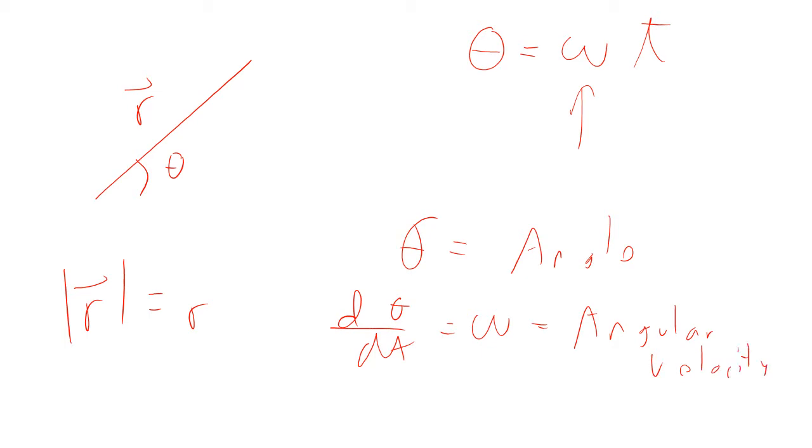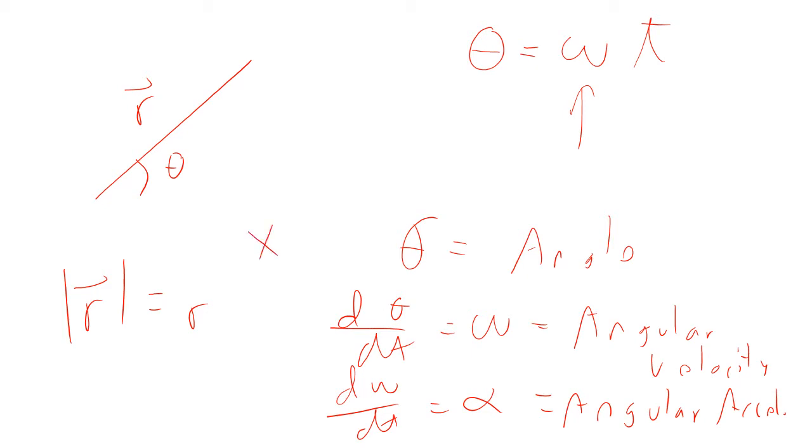If omega changes, then d omega dt is going to be alpha, and that's angular acceleration. You notice that this relationship is exactly like x, v, and a, where v is dx dt and a is that.